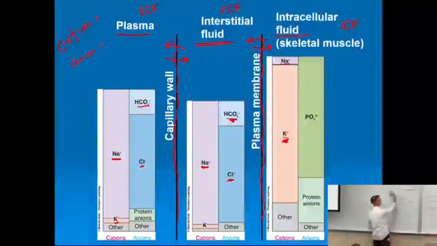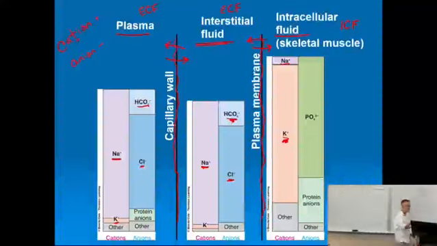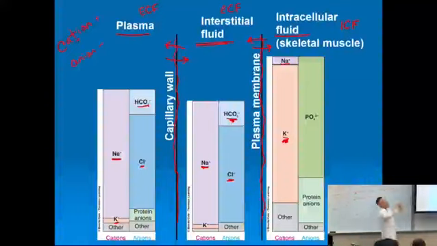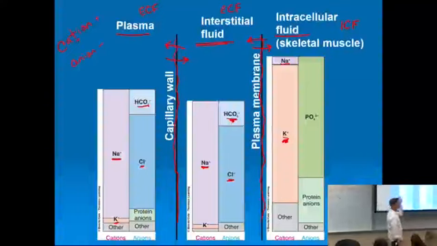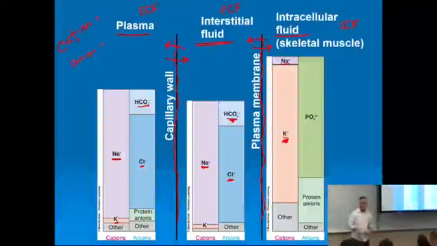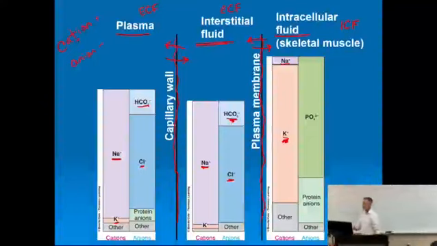We are constantly pumping out 3 sodium ions and bringing in 2 potassium ions, and it's helping to maintain that environment. That way, when our neurons and our muscle cells need to do action potentials, they can open up their other channels and allow the sodium to diffuse in and the potassium to diffuse out. But the sodium-potassium pumps are constantly maintaining that.